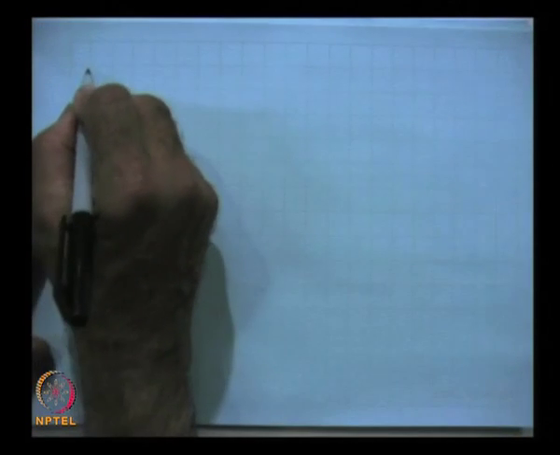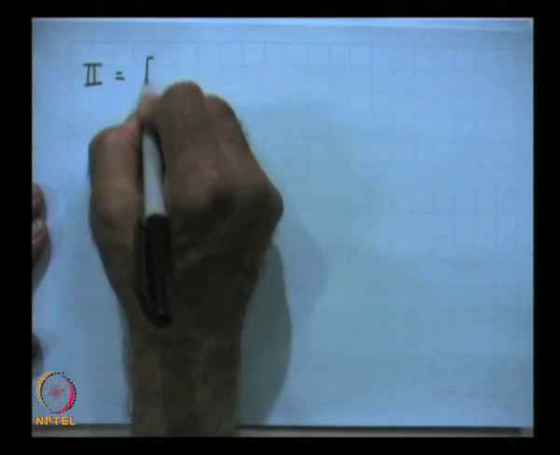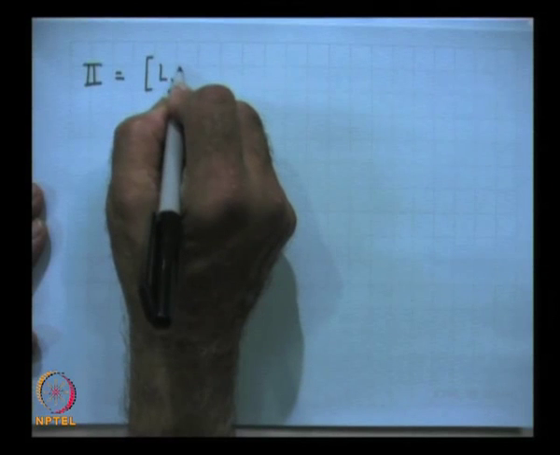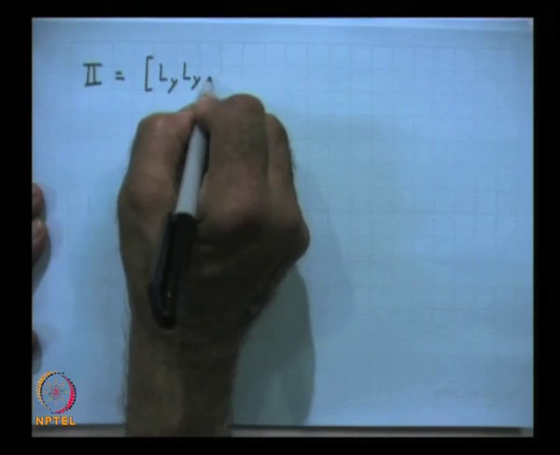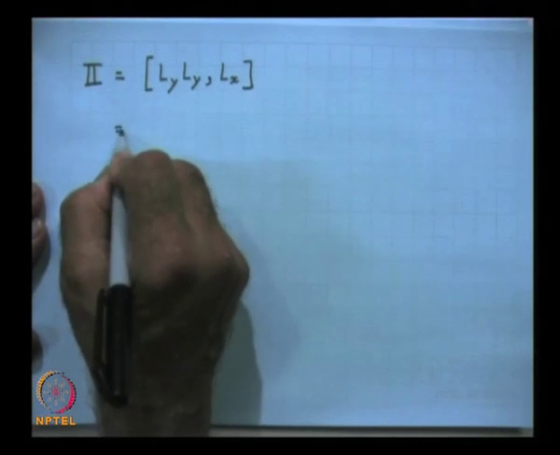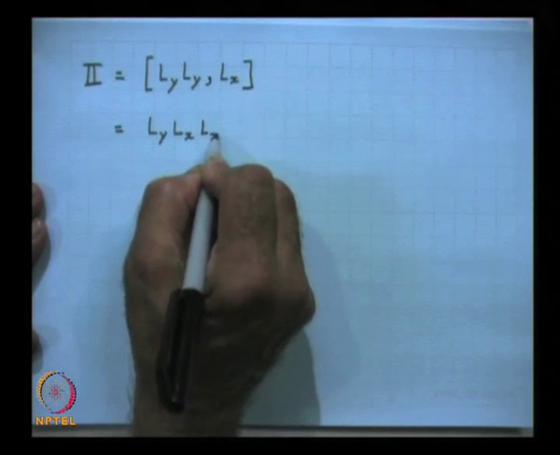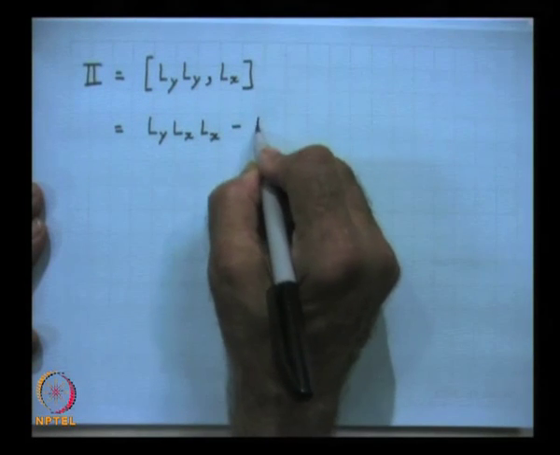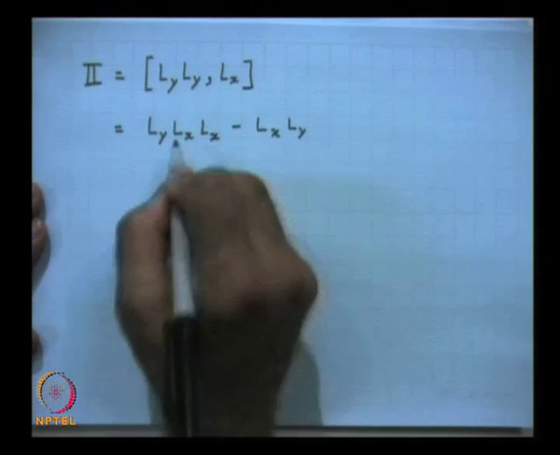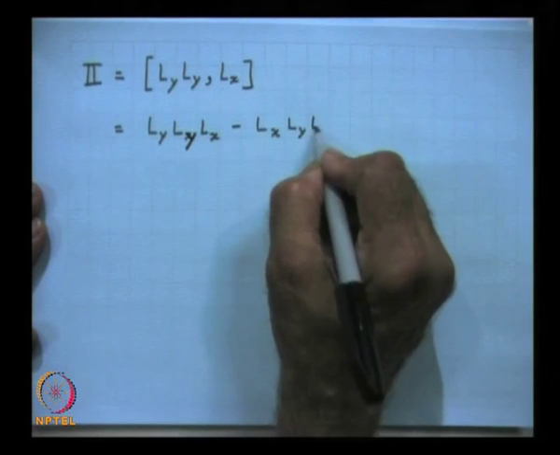So, let me calculate the second term, which is equal to L y square, L x. So, this is equal to L y L y L x minus L x L y L y.